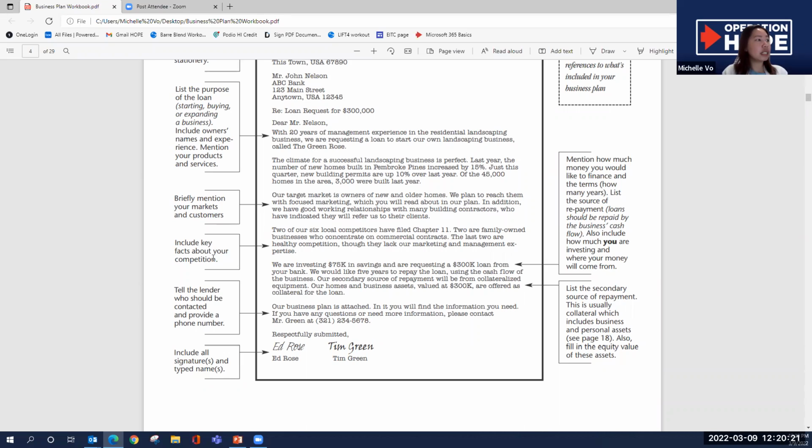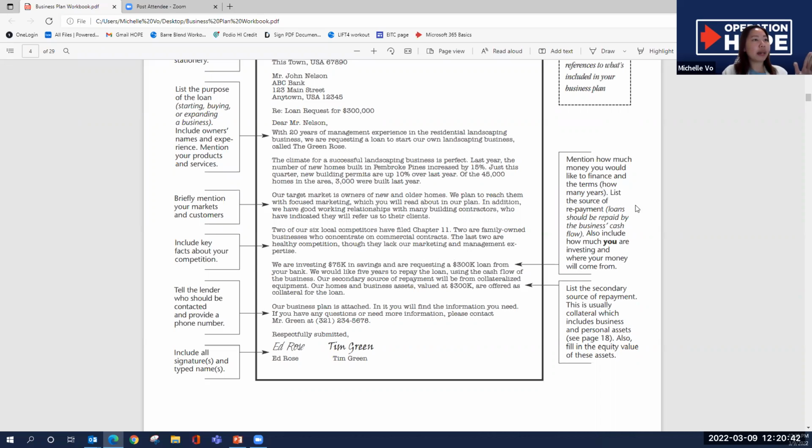And then include the key points about your competition. They say, hey, there are 6 local competitors out there. The last 2 were healthy competitors, but they lack marketing and management expertise. So that's about your competition.